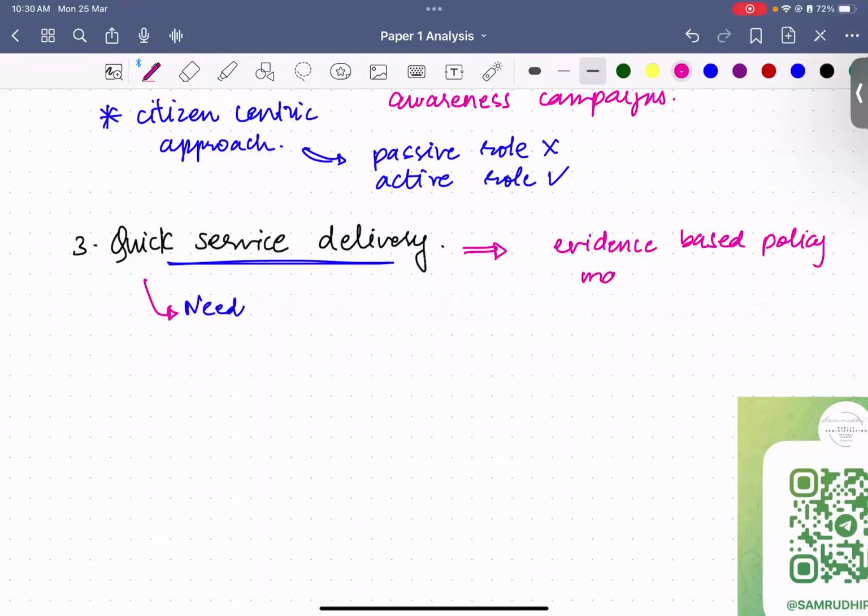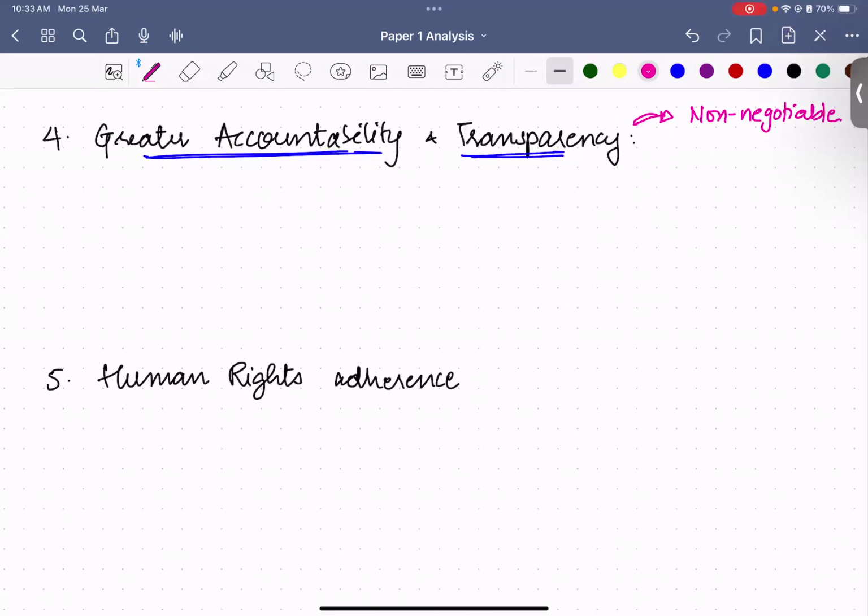Okay, what else do the people today need? They need greater accountability and transparency. This is non-negotiable. So what are the ways to have this kind of accountability and transparency?